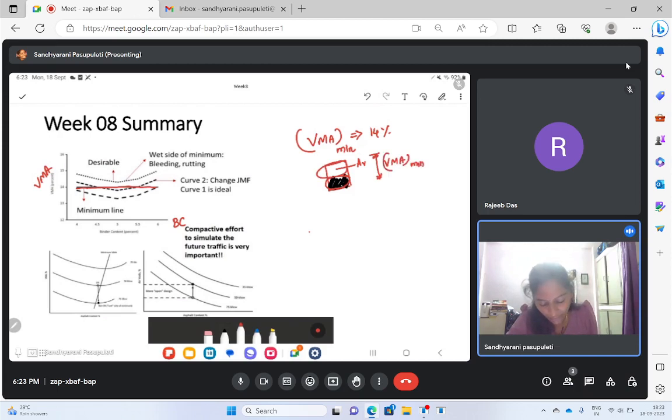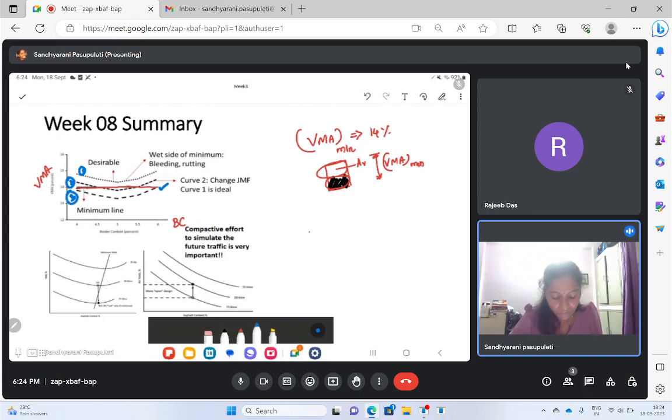So whatever the VMA behavior we observe in the mix design, the first thing is it should satisfy the VMA minimum. Here in the diagram, the red line which I have drawn shows the VMA minimum. And if we see the other curves, these are the three VMA curves.